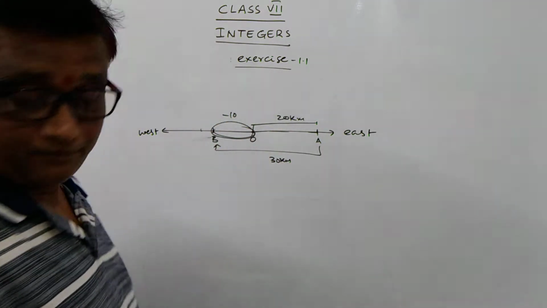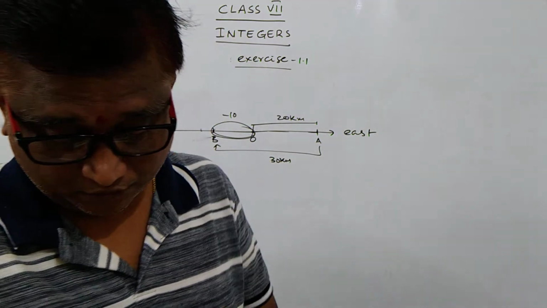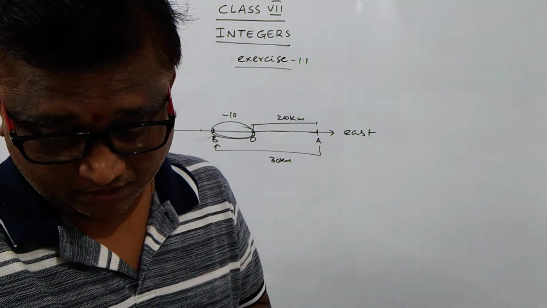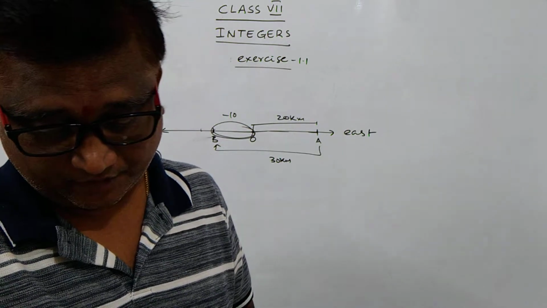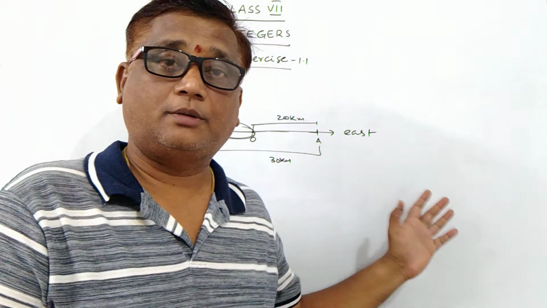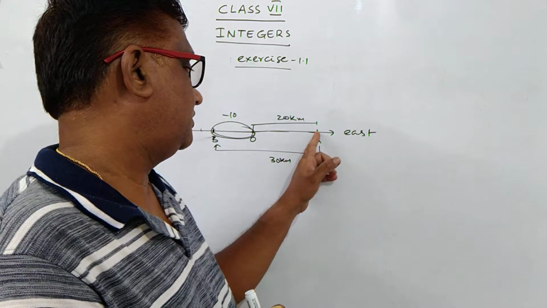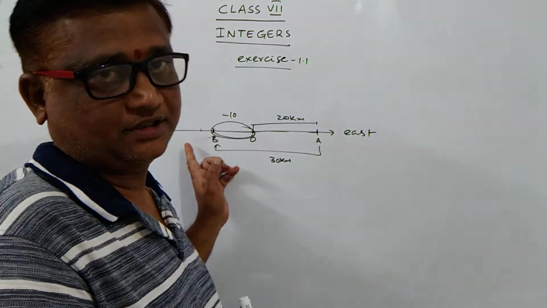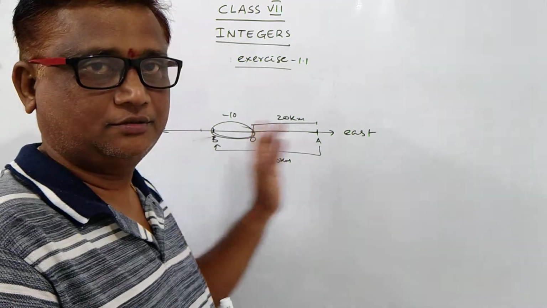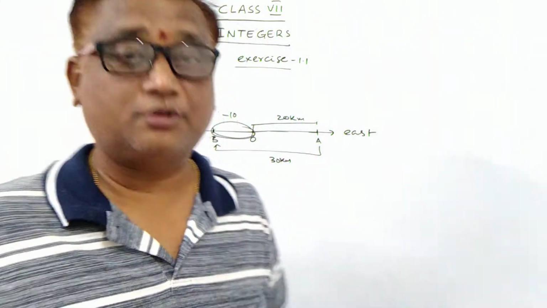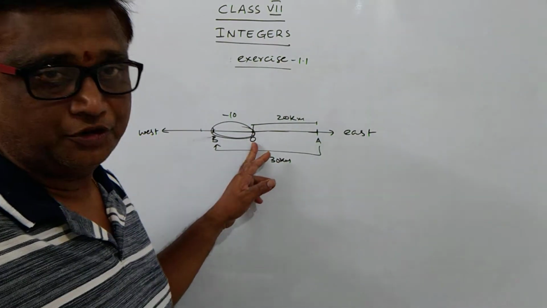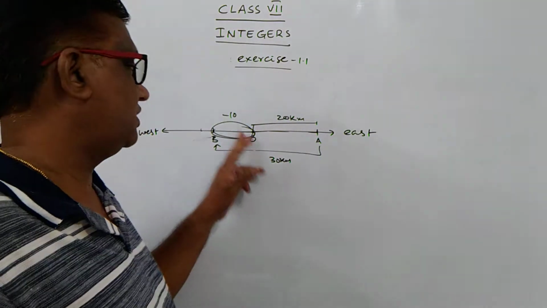So what the question is, by which integer will we represent the final position from A? So from A it is 20 kilometers and minus 10. So it is negative distance. Opposite to east is west, negative. Minus 10 from her starting position.